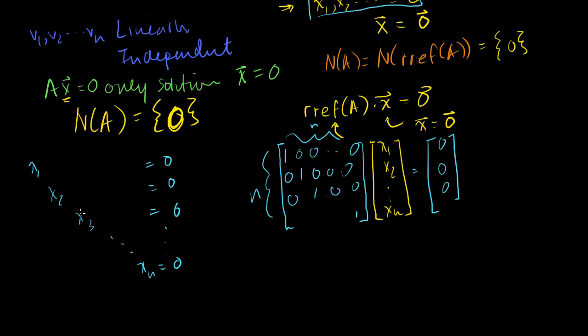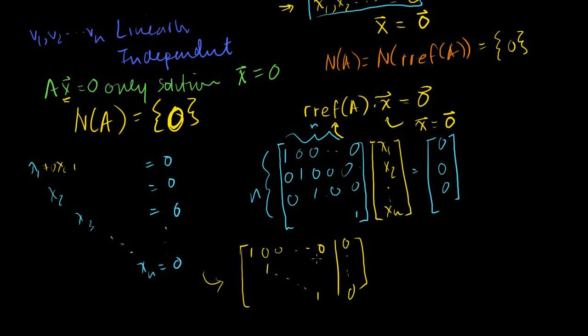This system of equations, if I wrote it as an augmented matrix, and we've done this multiple times, would look like this: 1, a bunch of zeros, n zeros, and then the 1s would just go down the diagonal, and then you'd have n zeros right there.